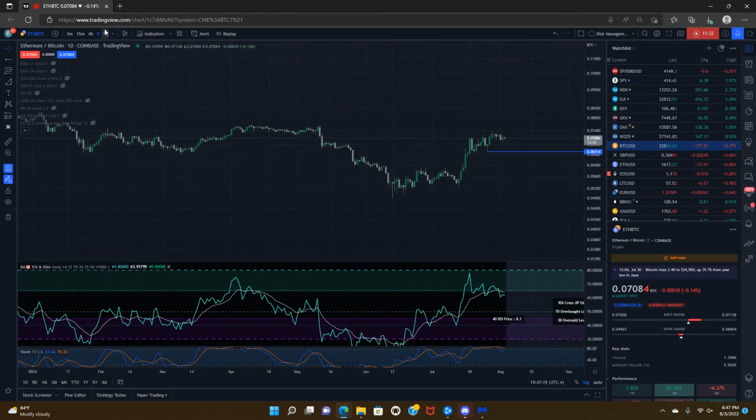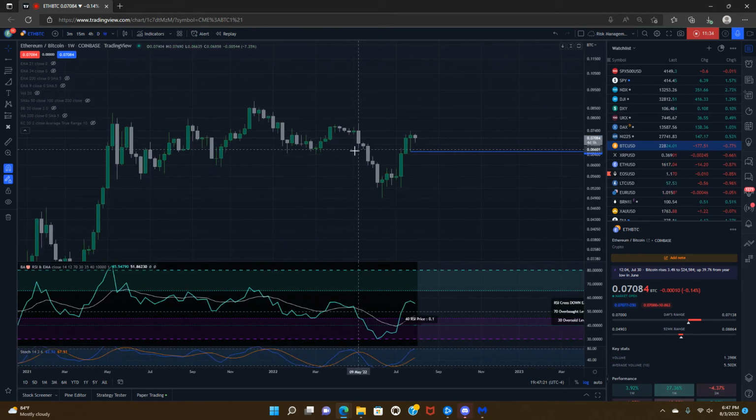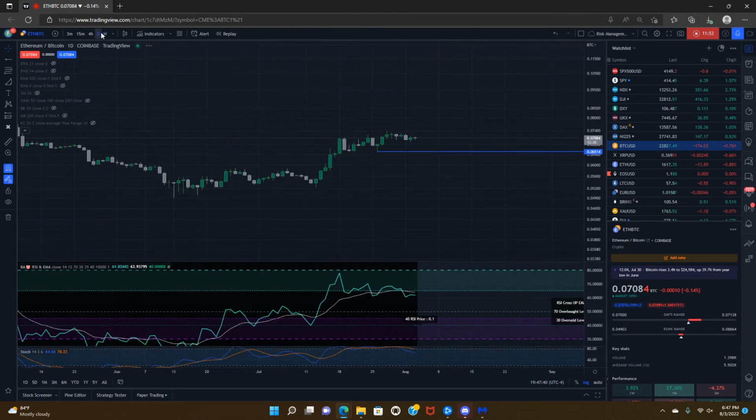You don't want to get ahead of yourself, because while we do see a signature here on the weekly, we want to see those lower time frame confirmations and not get too gung ho with the entries. So that's lining up with last week's close on Ethereum BTC. I think this is a very actionable trade.